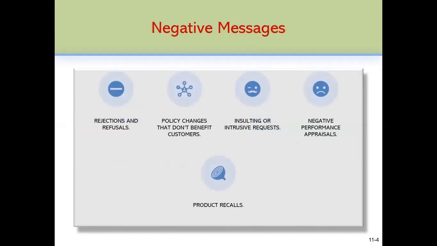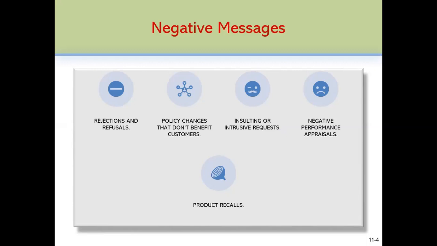Let's start. So negative messages, just a recap, what we call negative or bad news. It's basically when we have a letter of rejection, a refusal, or a company or organization policy that will affect the employees so much, and the customers also.